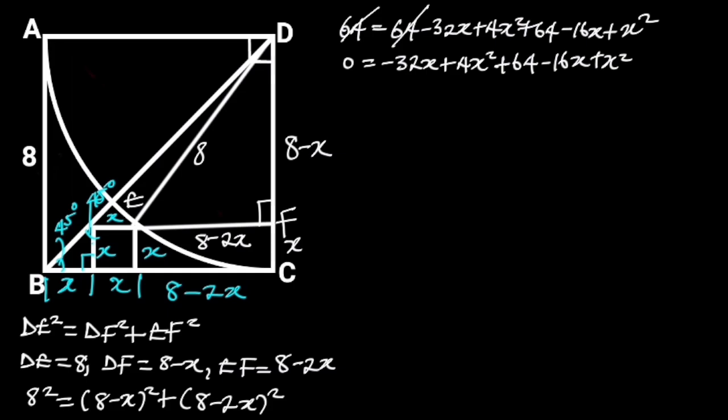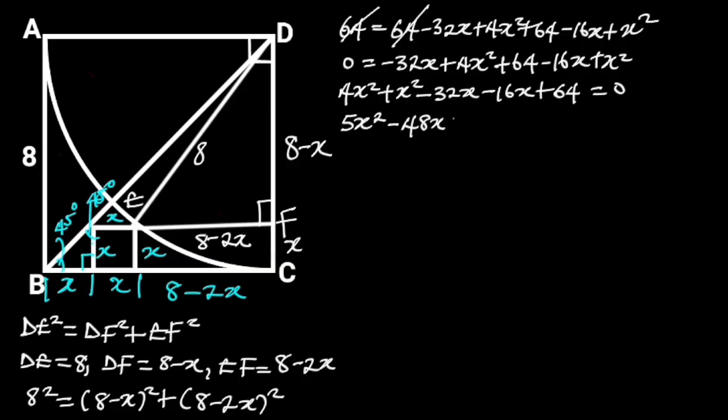Collecting like terms will give us 4x squared plus x squared minus 32x minus 16x plus 64 is equal to 0. And this will give us 5x squared minus 48x plus 64 is equal to 0. And this is a quadratic equation.